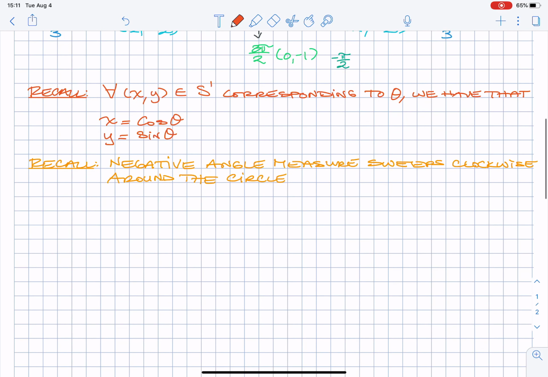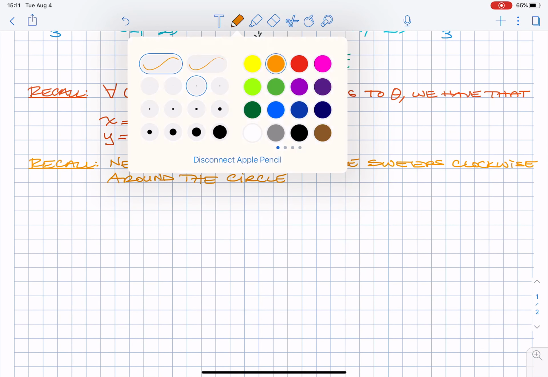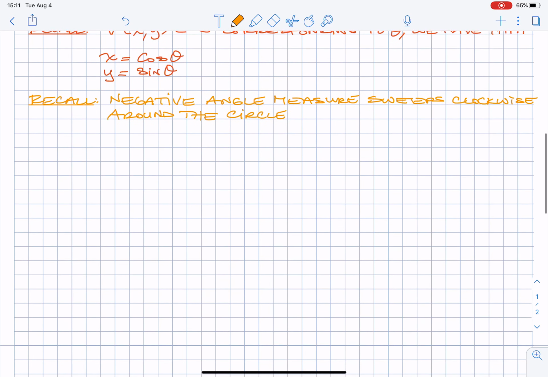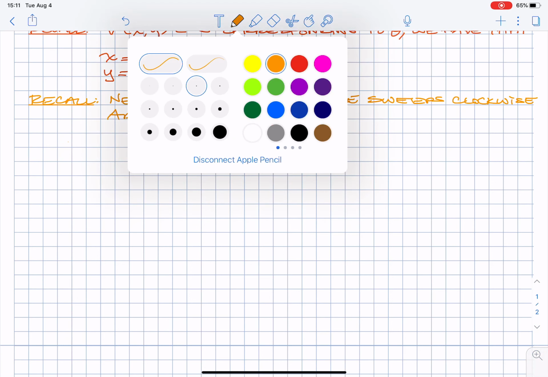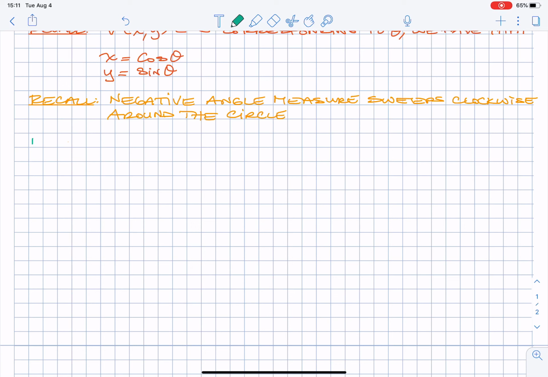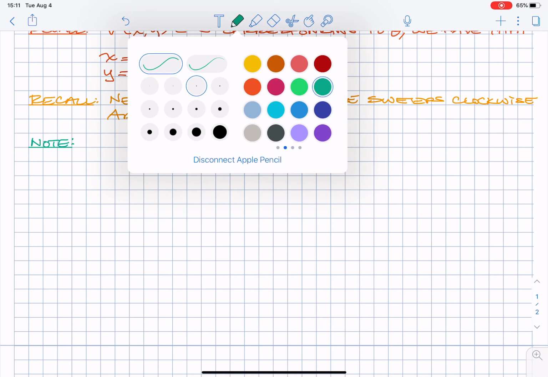Okay, so let's consider then, I'll call it a note, because I have too much orange here. Let's do a chart here.